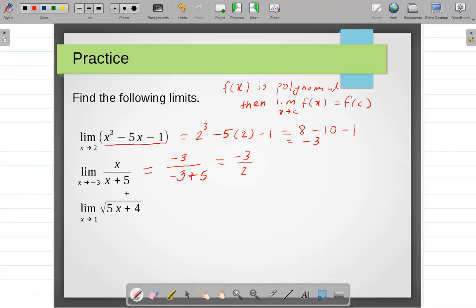And for this one as well, we have a square root.